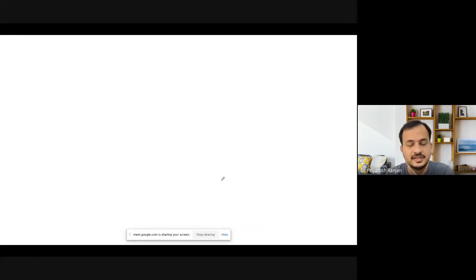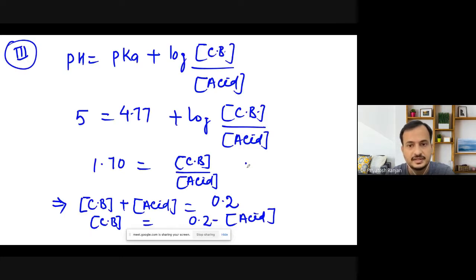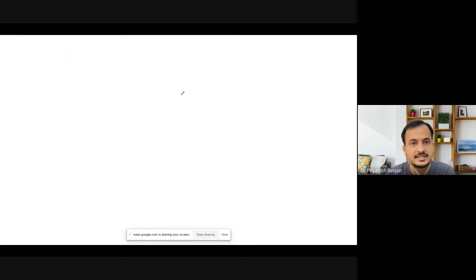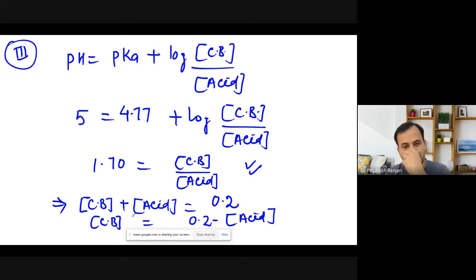Put these values in this equation, and we'll get the right answer. So 1.7. The concentration of conjugate base I can rewrite as 0.2 minus concentration of acid. Remember, these brackets represent the concentration term. Let's consider the concentration of acid is X.